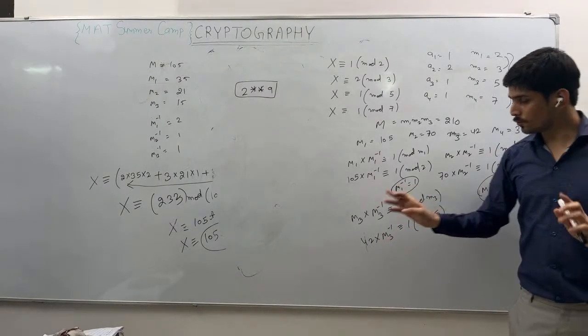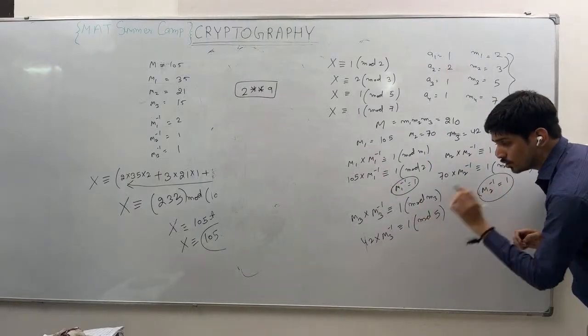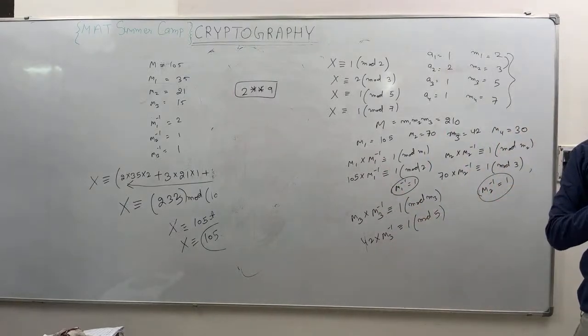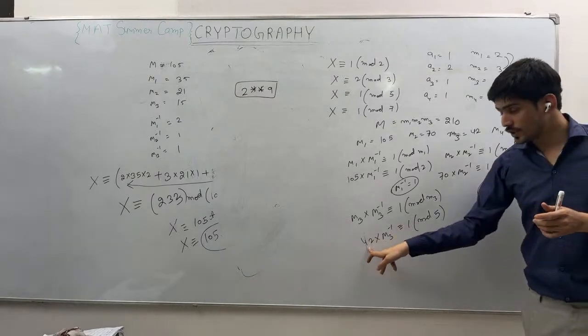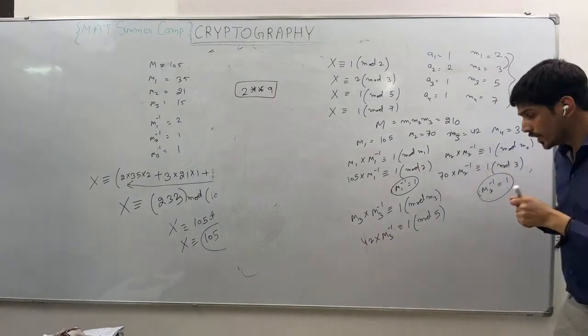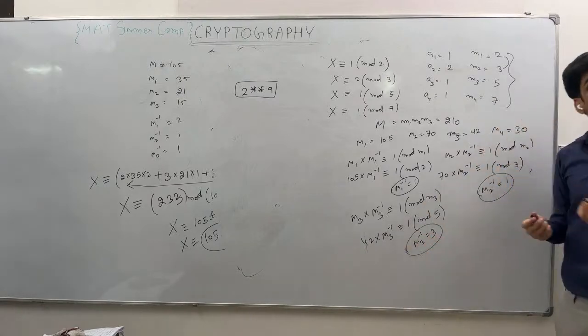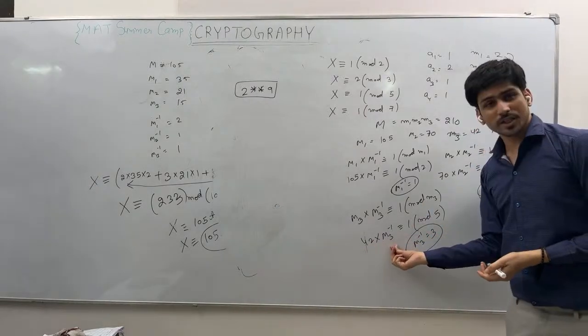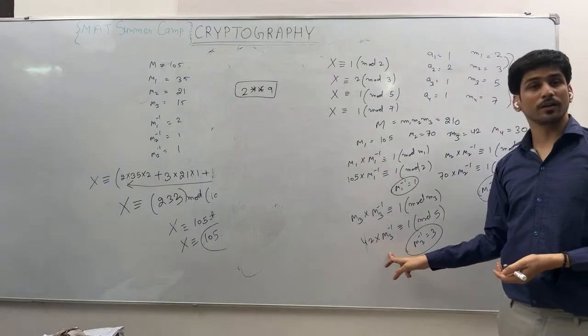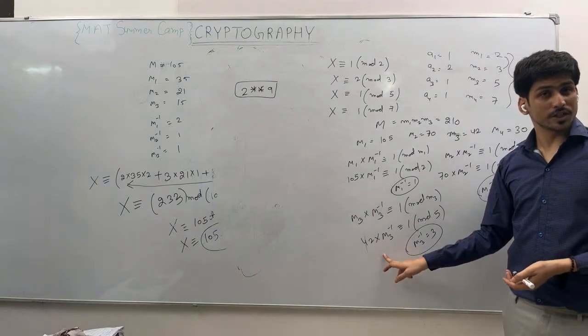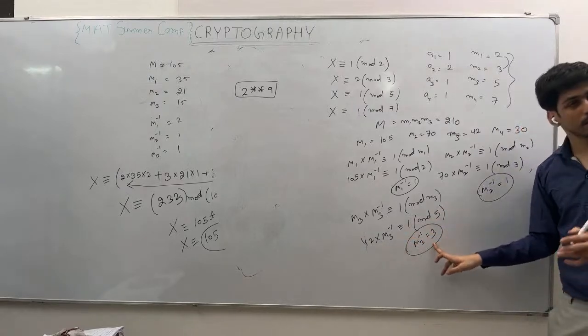No, so 1 is not possible. Then I will start with 2. If I take 2, then what will be 84? It won't work. Now I'll take 3: M3 inverse equal to 3. If I take 3, it will work, because 126 divided by 5 leaves the remainder 1.